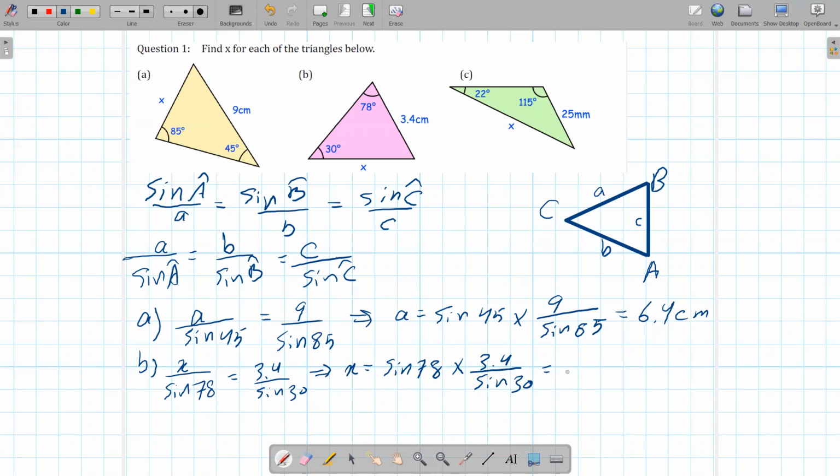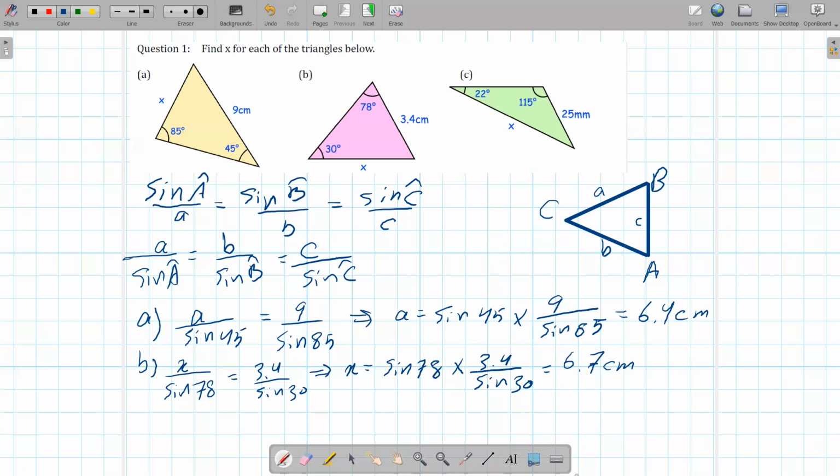Sine 78 times 3.4 divided by sine 30 will be 6.7, to the nearest one decimal point. Then 6.7, and this one will be centimeter also.